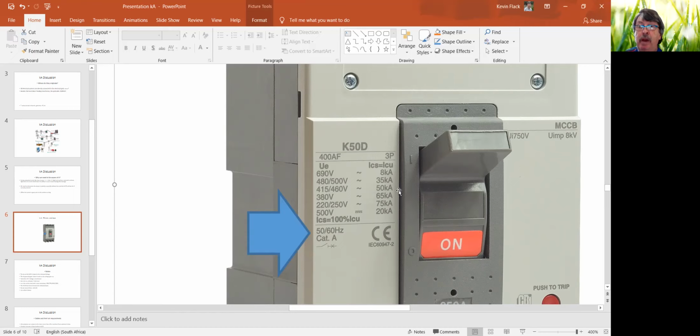It has a pretty much defined life. And that life is, if you take ICU at, say, in this case, 50 kA at the 415 level, it's going to do 2 operations: trip, close, replace, trip, plug, and that's it. It obviously has some survivability tests that they must do at the end just to be able to qualify that the unit passed, but that's effectively that product gone. At your earliest convenience, you need to replace it.